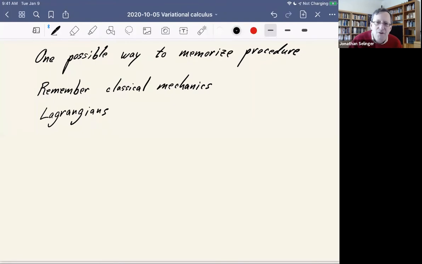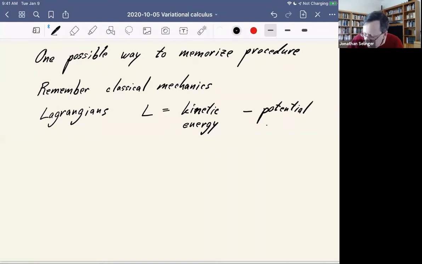So you learned that there is a Lagrangian, L, which is the kinetic energy minus the potential energy. People write this as T minus U, or T minus V.